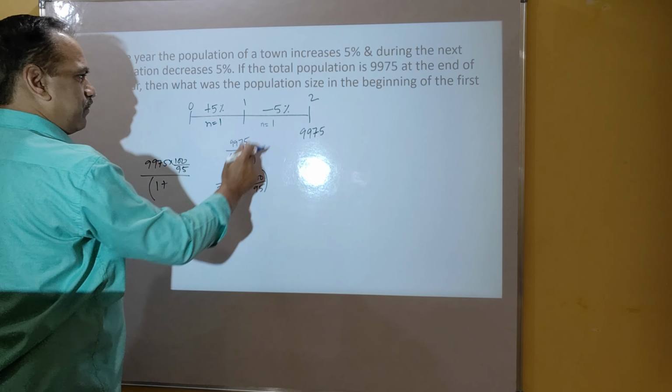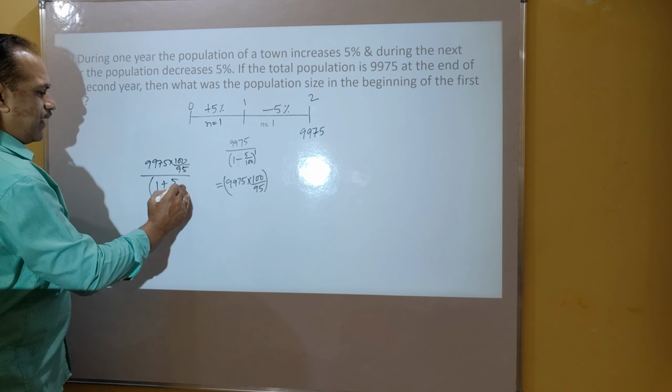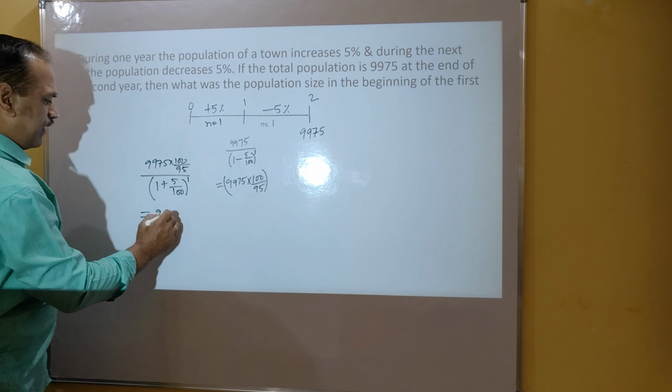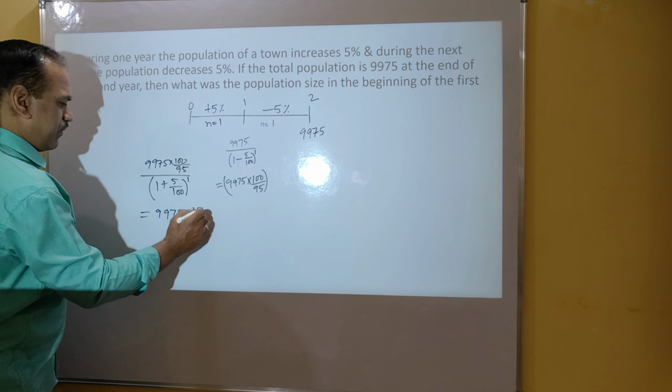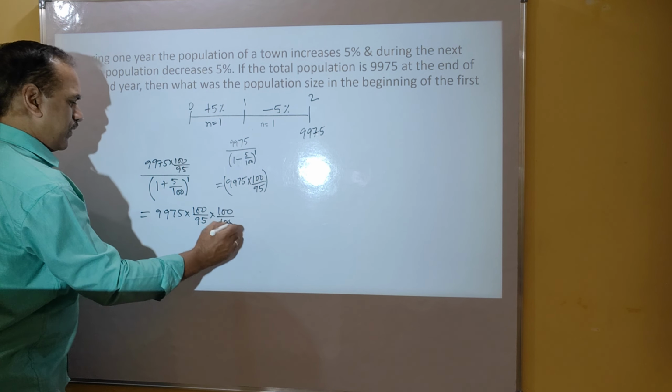Previously it was 1 minus, because minus 5, here it is plus 5. 1 plus 5 by 100 whole power 1, again 1 year only. So this is 9975 into 100 by 95 into 100 by 105.